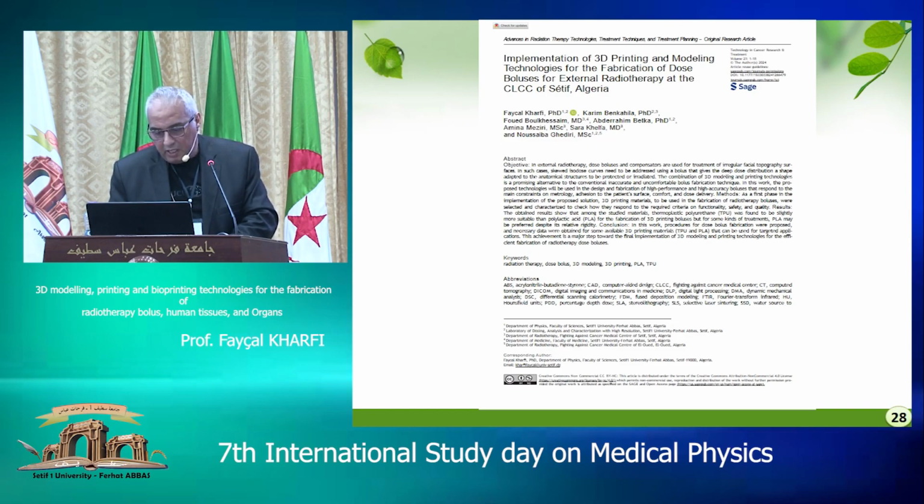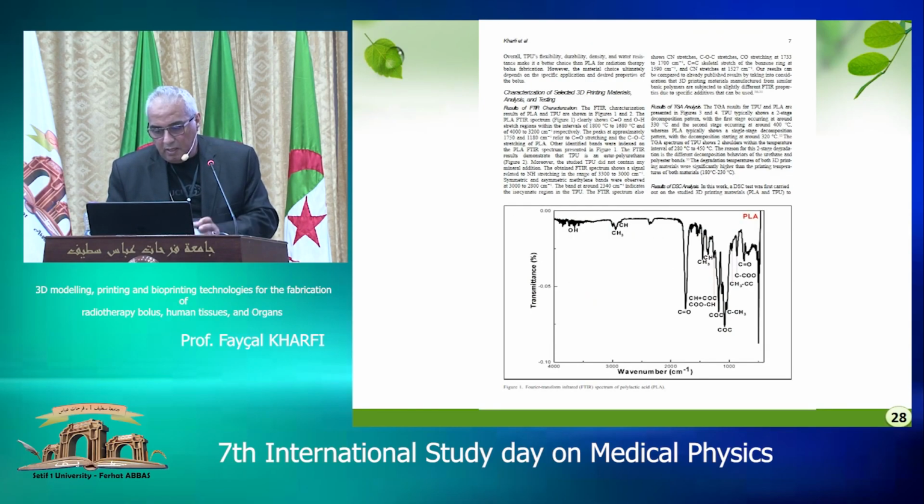So the mechanical property, the behavior of the material during 3D printing. So we published in the first phase of our project the characteristics of the material that we are using to print bolus for radiation therapy.